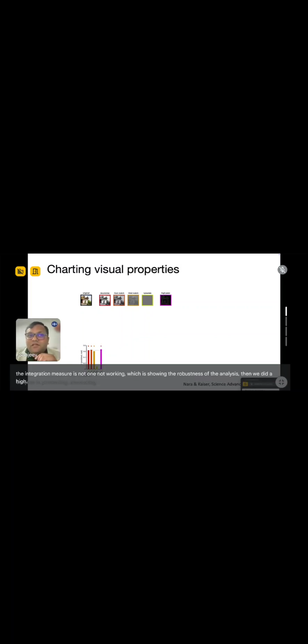Then we did a high pass filter, a low pass filter, a 90-degree flip. We flipped all the images by 90 degrees, flipped all the images by 180 degrees, and did a jumbling. Even with all these manipulations, we found that mid-level and high-level features could still predict perceived beauty. That means integration is not driven by any of these particular features.